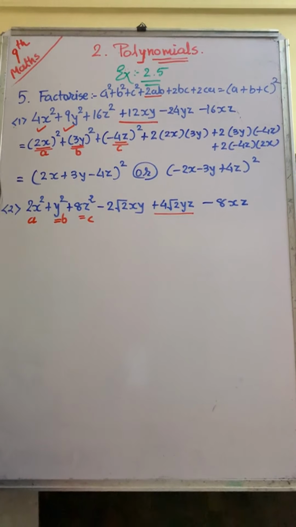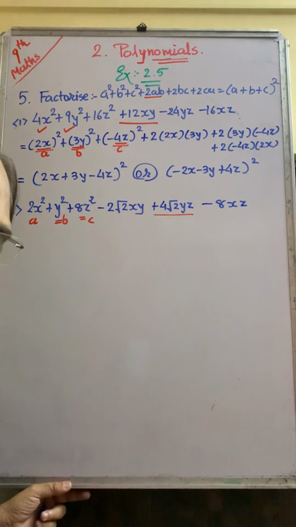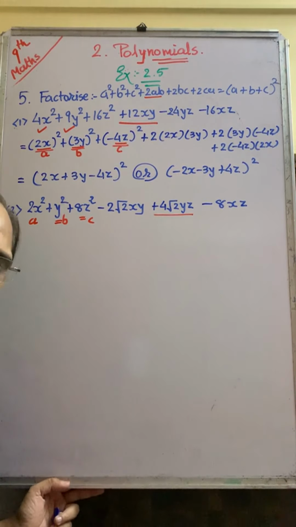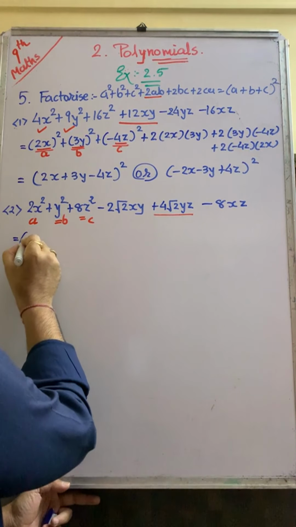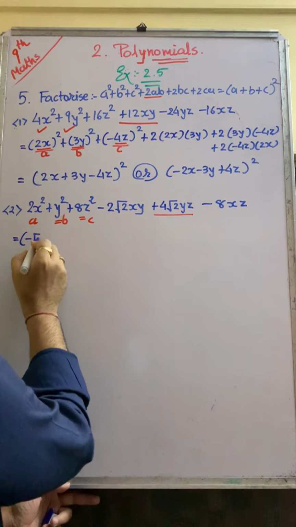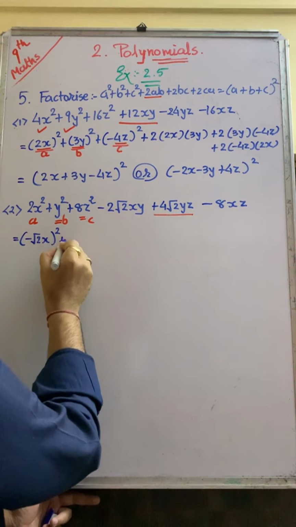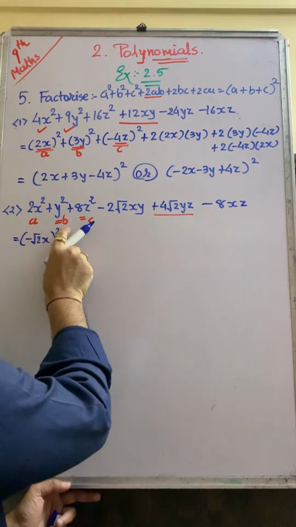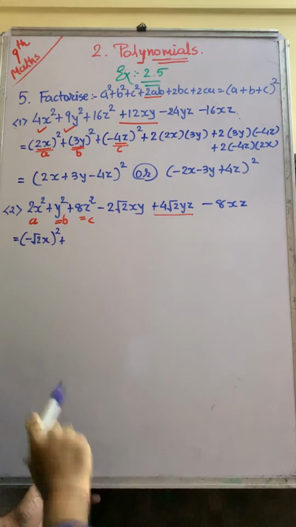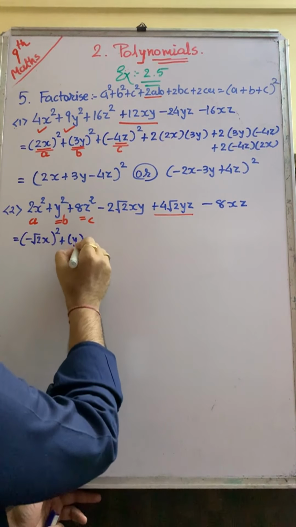So the first term we consider negative 2x square. Now 2 is the square of which term? Root 2. But I want to consider negative, so I should write minus root 2x the whole square. Minus square is plus, root 2 square is 2, x square. Now this term we take positive, so y square.